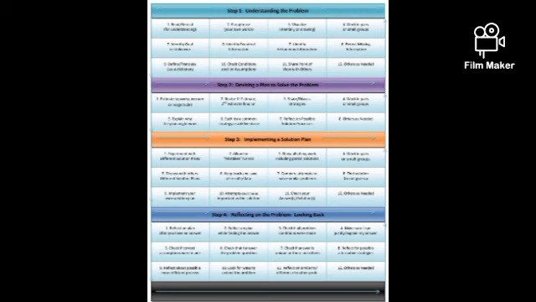And there is also an arrow that goes from the last step, reflecting, that goes from step 4 to step 3 to step 2 and to step 1.